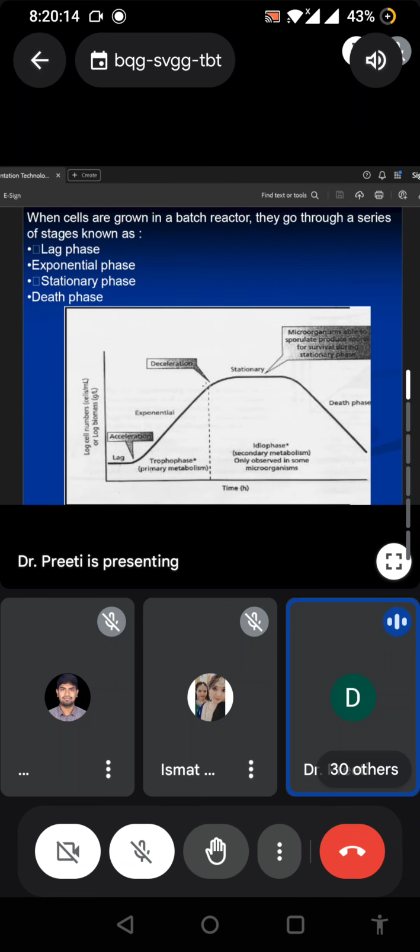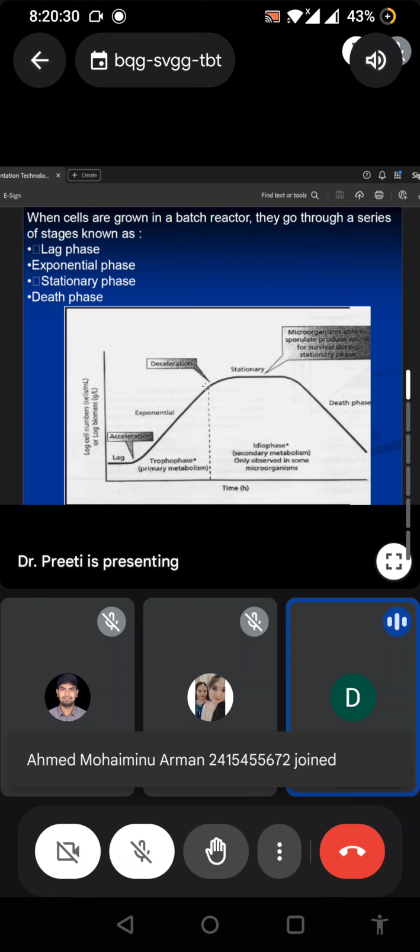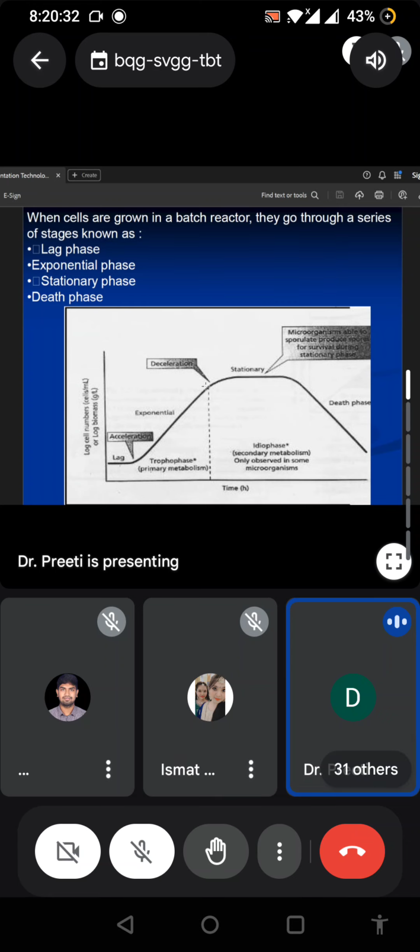Here we are just looking at growth simply, but of course these will be mathematically calculated when you go for large scale production. Everything is defined mathematically: this many kilograms of substrate we will give, this many kilograms of product will be produced, in what time it will be produced, what will be the specific growth rate of cells. So everything will be mathematically known.